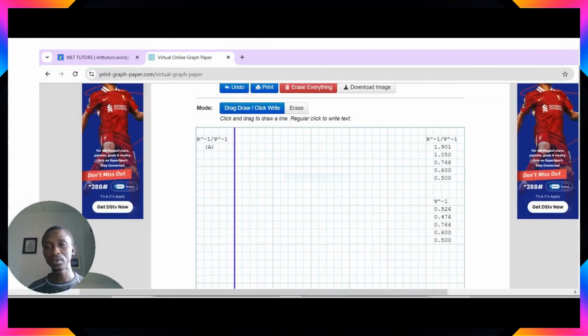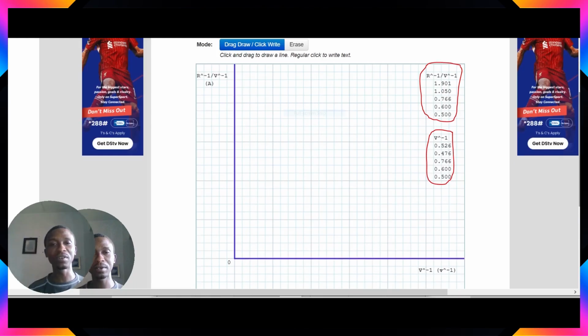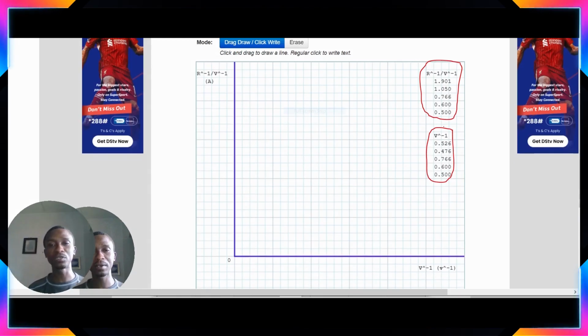I've already placed my values of R inverse over V inverse on my graph sheet, as well as the corresponding values of V inverse. You're expected to do this horizontally, but because this is a virtual graph, I put it vertically.